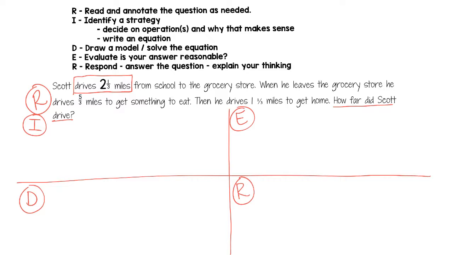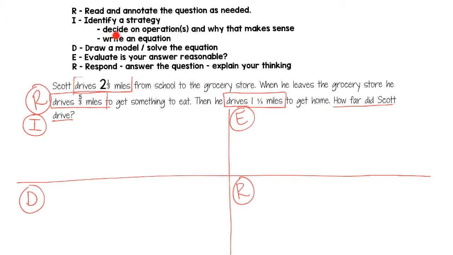And the second thing he did was drive 5/3 miles to get something to eat. And then he drove 1 1/3 miles to get home. So we have 3 amounts. We need to know how far did Scott drive. We have finished R.